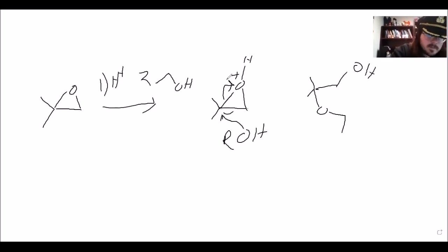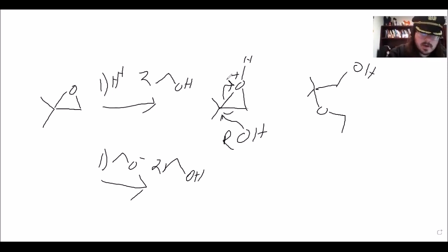If I go about it from the other way, step 1 is I use, say, an ethoxy group, and step 2, I then use just ethanol.